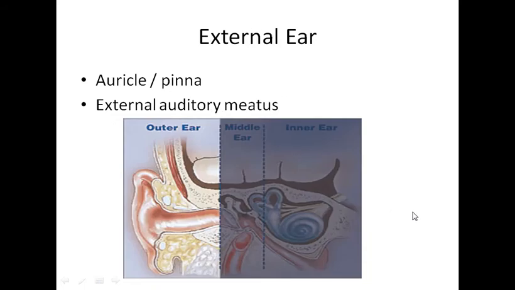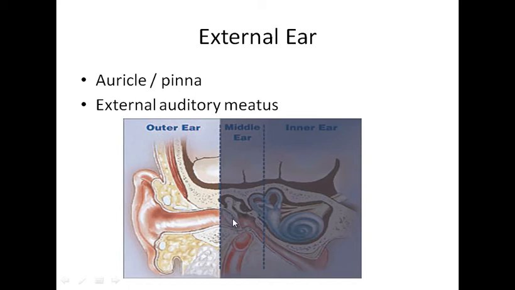Now when we look at the external ear, it consists of the auricle or pinna. See, this is the ear auricle or pinna, and the external auditory meatus, right? Few authors discuss the tympanic membrane. It is considered a part of the external ear in some books, and in a few books it is considered a part of the middle ear.